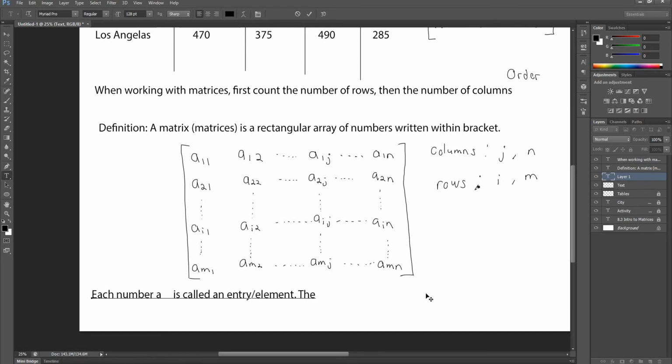The first subscript I is the row index, which we saw on the right side right now. So J is the column index.